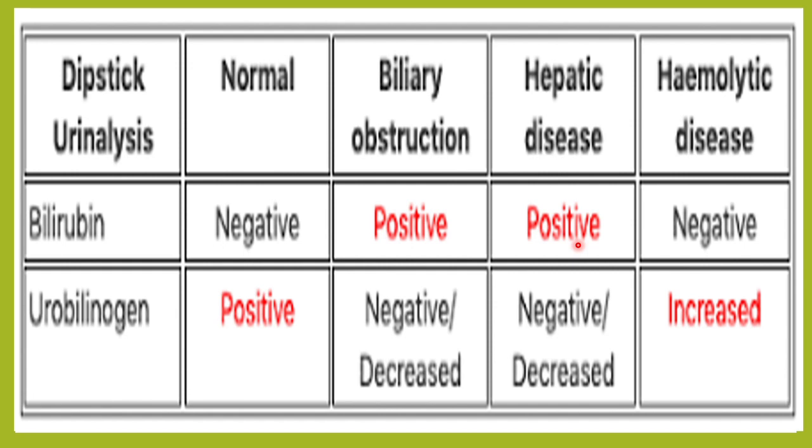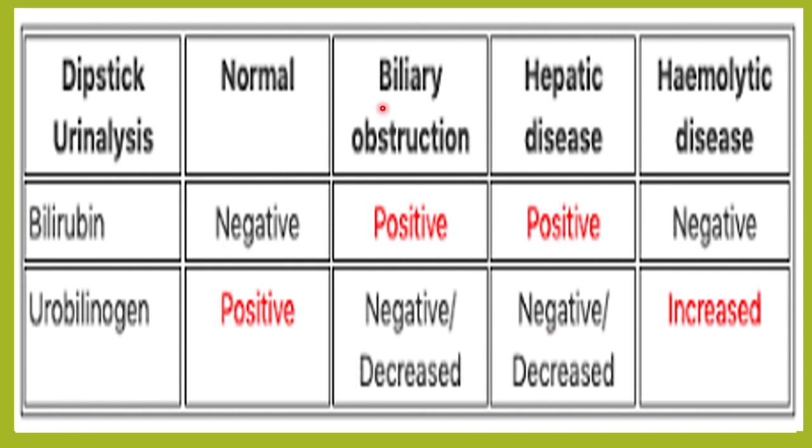So some amount of bilirubin might come into the urine, and you might get a positive result. Whereas what happens to urobilinogen in hepatic disease? Because the liver is not able to conjugate it and send it, the amount of bilirubin entering the bile duct or the intestine is very less, and hence urobilinogen will not be seen in the urine.